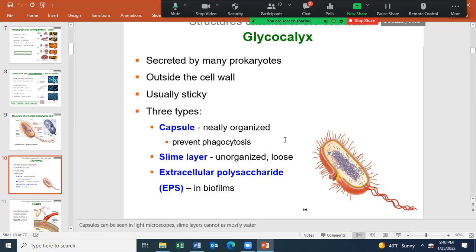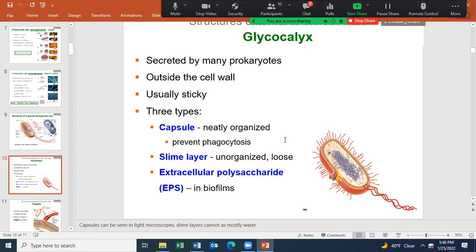The slime layer is unorganized glycocalyx. It's mainly water and it's fairly loose. Because it's mainly water, you can't see the slime layer under the light microscope. You would need to look with the electron microscope to find the slime layer. And then there's a third glycocalyx, and that's called the extracellular polysaccharide.